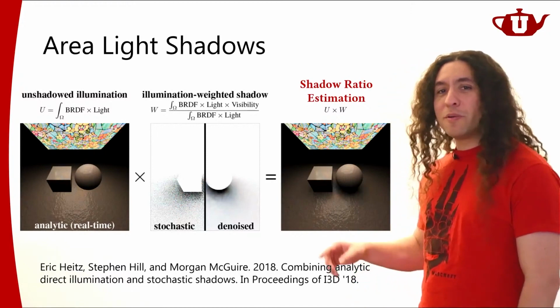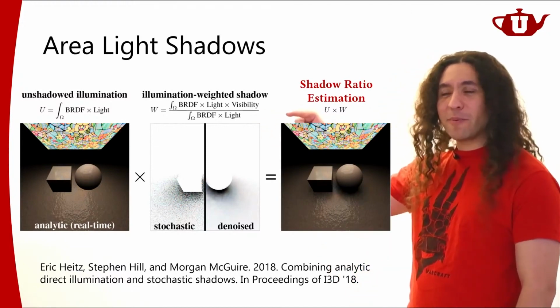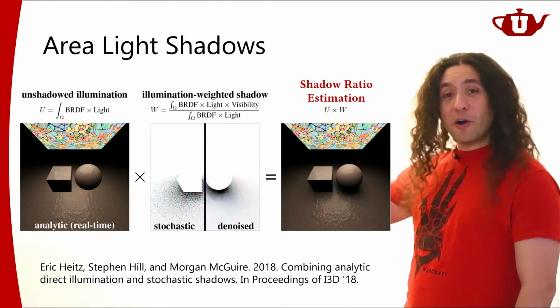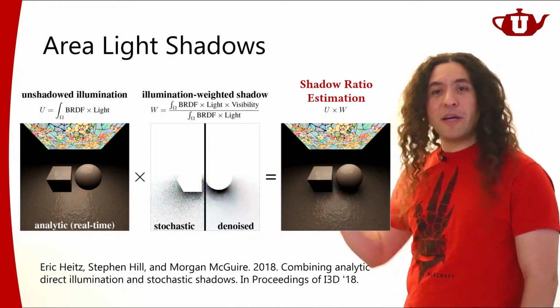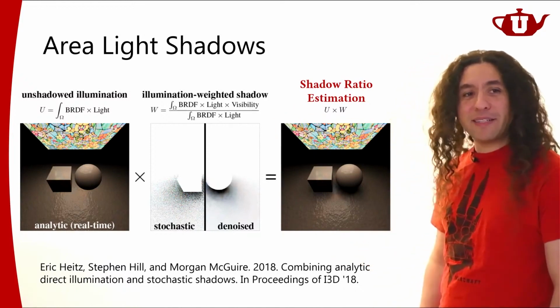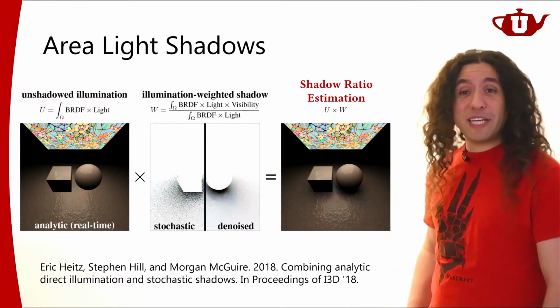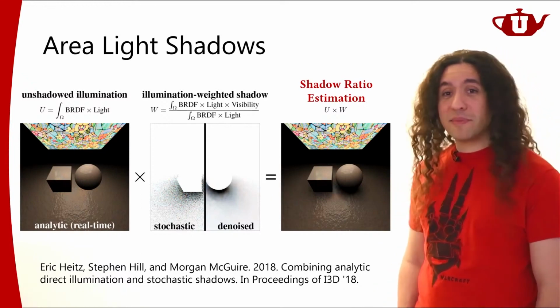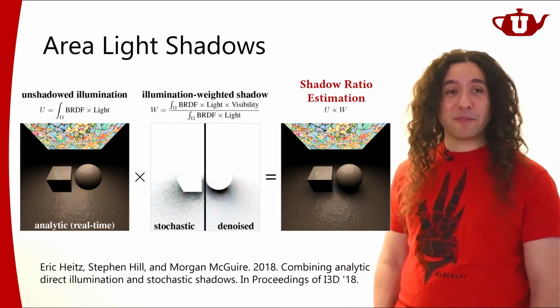And then using this formula, you know the unshadowed illumination, you can estimate the shadow, and based on these two, you can estimate the shadowed illumination using area light sources. And this is what this paper talks about.